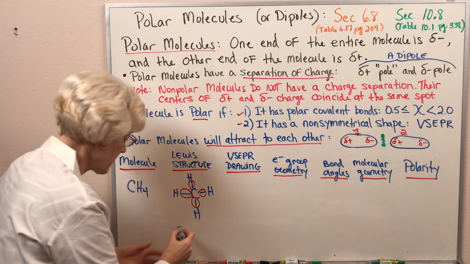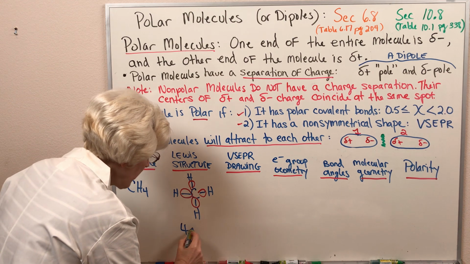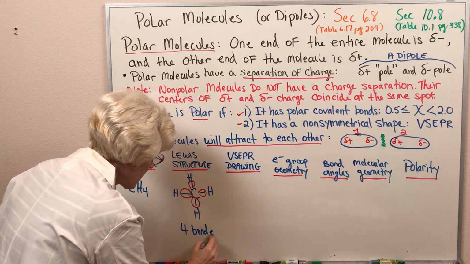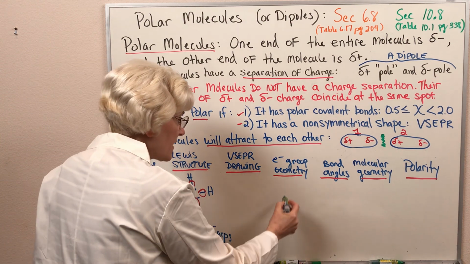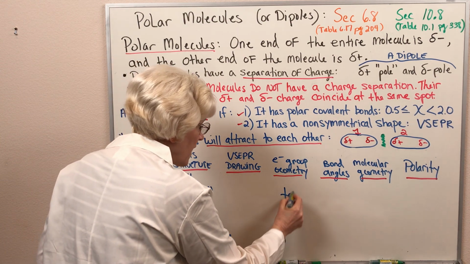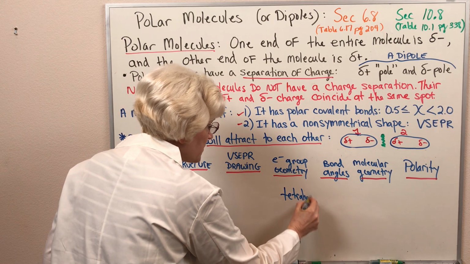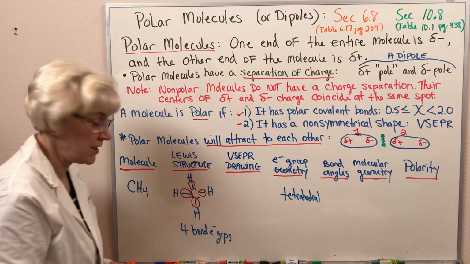So if we have 4 bonding electron groups, then we know that the geometry of that molecule is going to be tetrahedral.